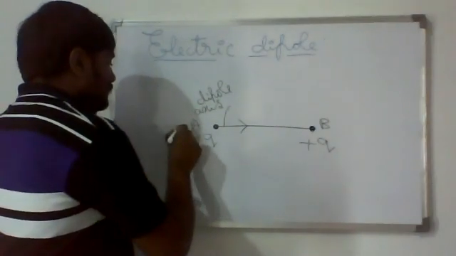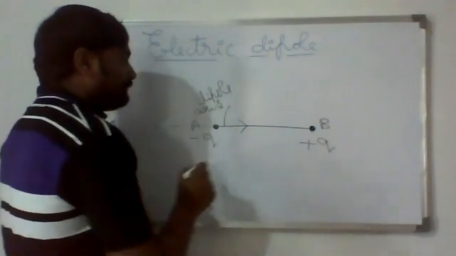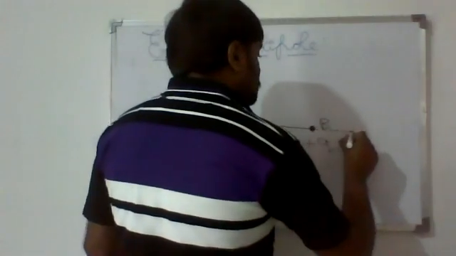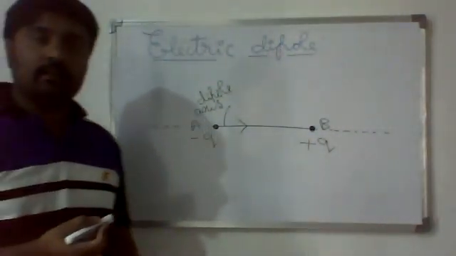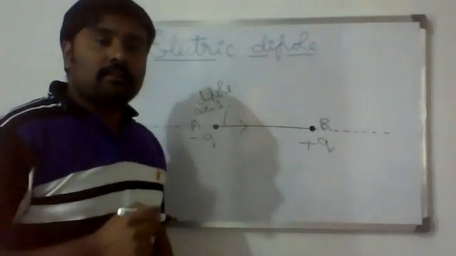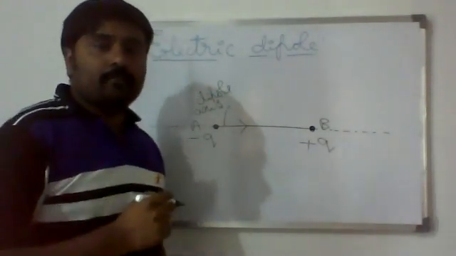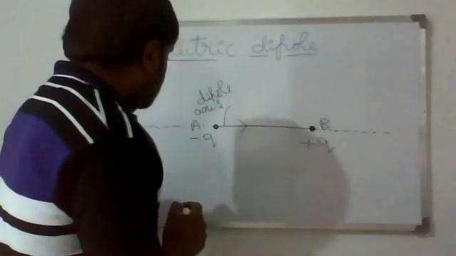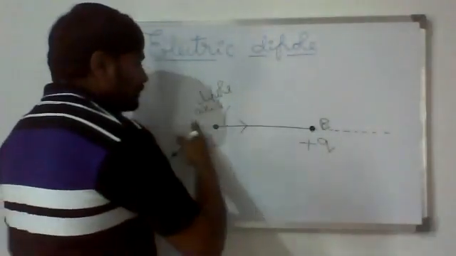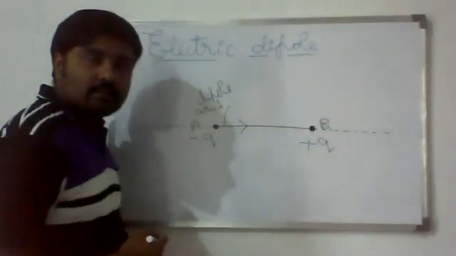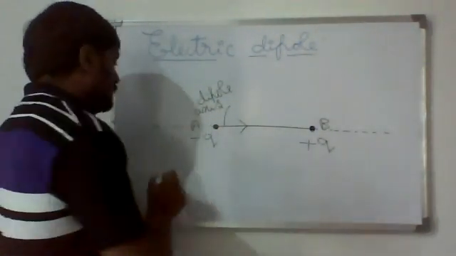Next, let us discuss the properties or characteristics of electric dipole. The first very important property: a line passing through the dipole axis is called the axial line.